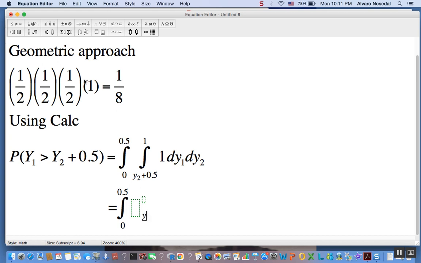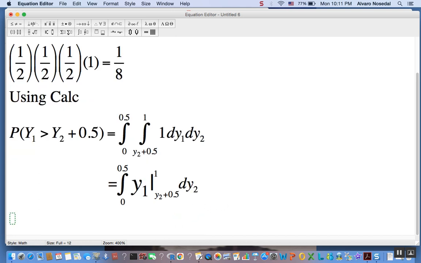This is going to be y2 plus 0.5 to 1, evaluating y1. And then we have to integrate with respect to y2. No problem. So now let's continue.